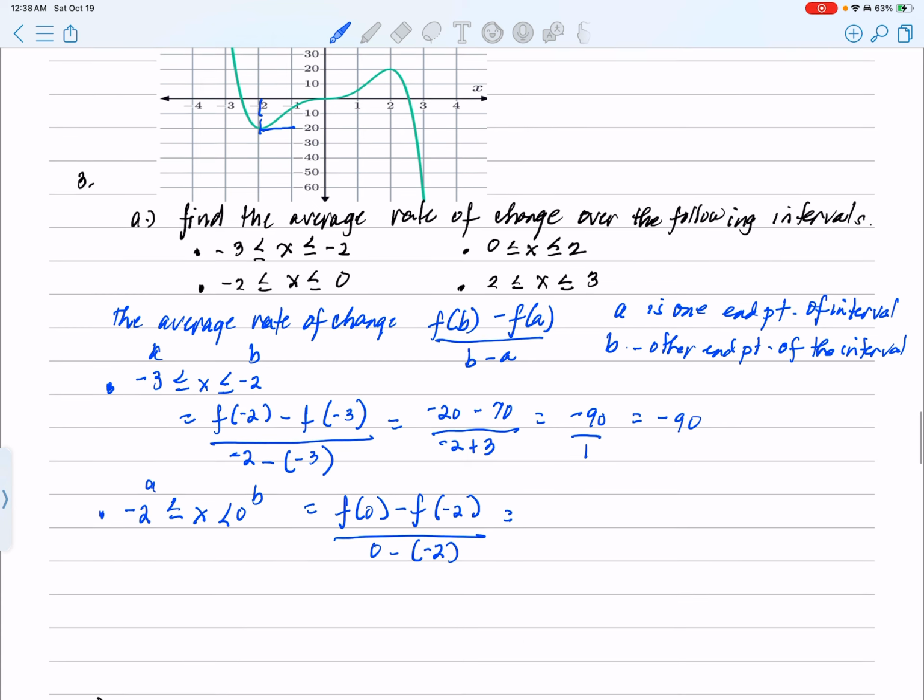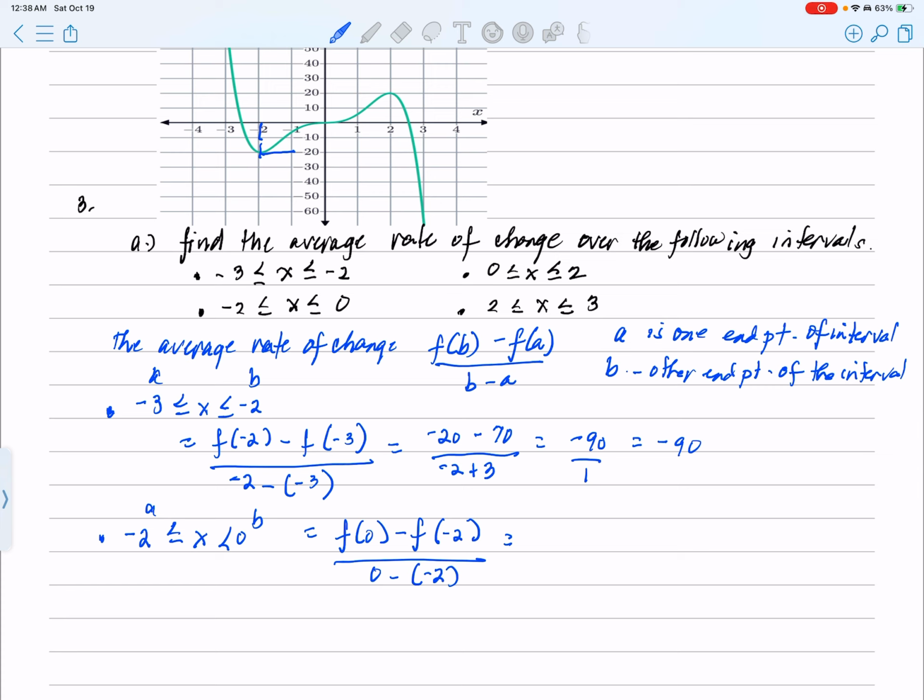What's the function when it's 0? When x is 0, the function of 0 is also 0. When it's negative 2, it's negative 20, right? So 0 minus a negative 2 is a positive 2.